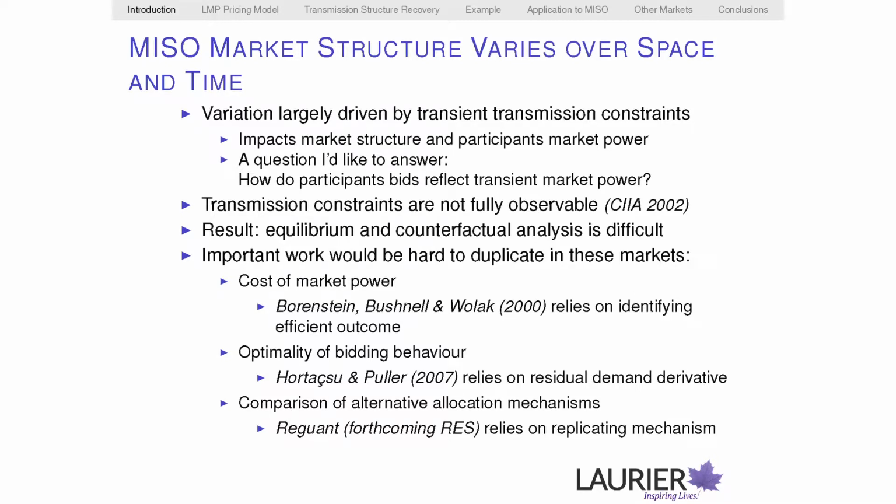For the optimality of bidding behavior, as in Hortacsu and Puller, you need to have the residual demand derivative. And for comparing counterfactuals, what would happen if we changed that pricing mechanism, Mara Reguant has a new paper coming out that's looking at how increasing the expressiveness of bidding can change outcomes.